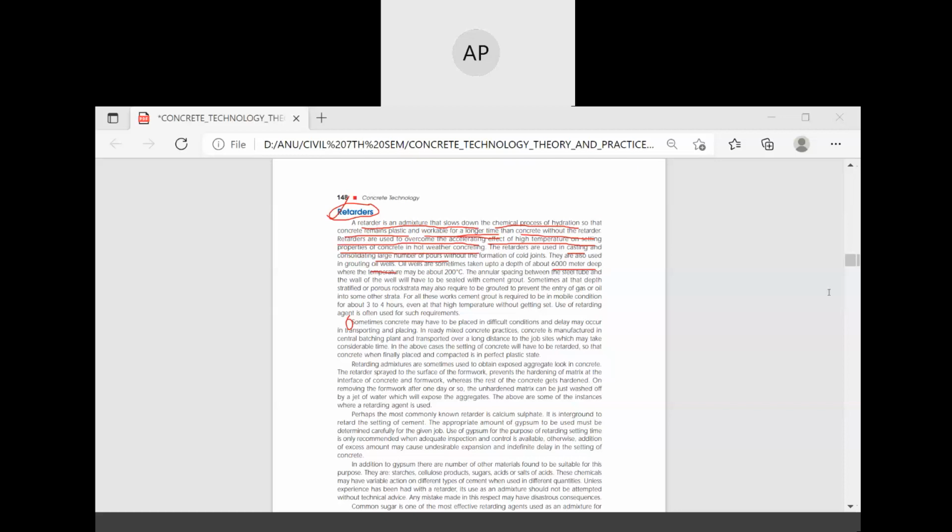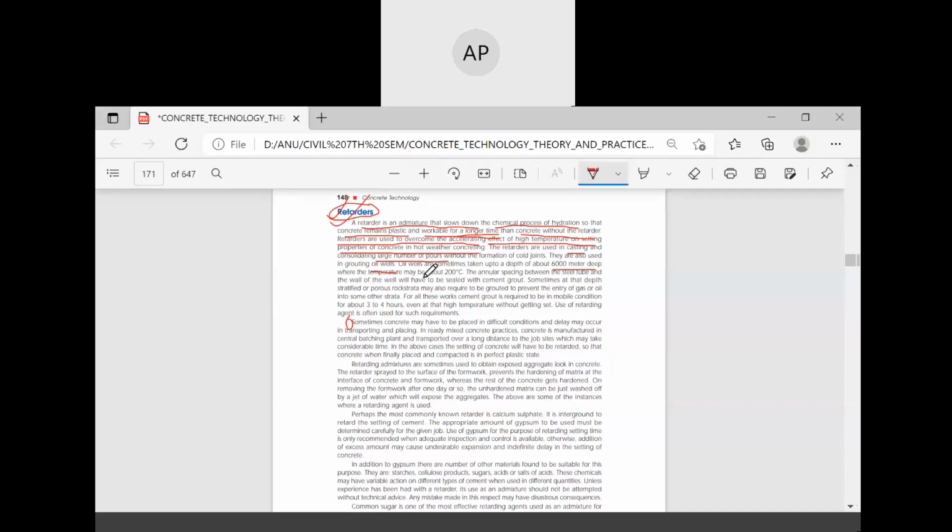What will happen if you do not add retarders? It will harden fast and you may not be able to work on that concrete. So to keep concrete workable for longer, we use retarders.